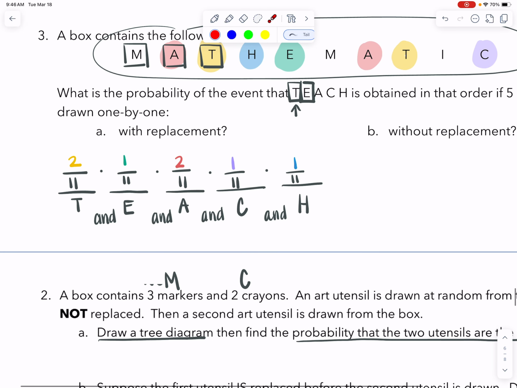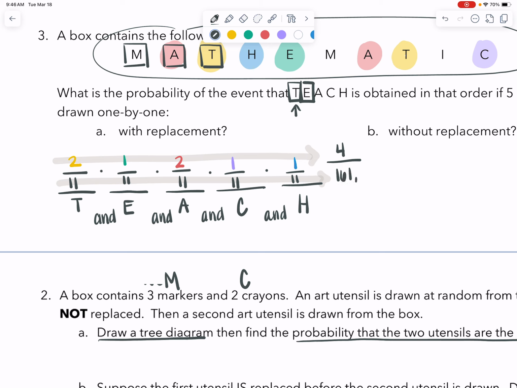So when I multiply that, multiply your fractions straight across the top and straight across the bottom, I get 4 out of 161,051.